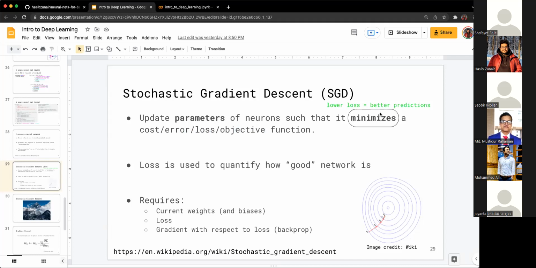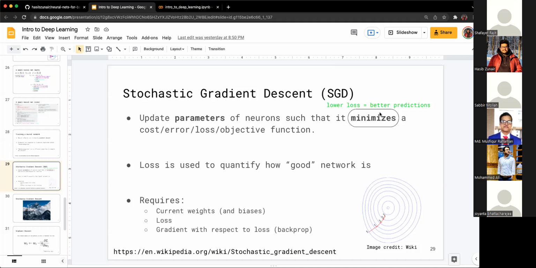Now, what is the motivation behind using a loss or an objective function? The loss is simply a measure to identify how good your neural network is compared to the true labels that you have. When you gave your neural net a picture of a cat, you gave it a label of a cat, okay?